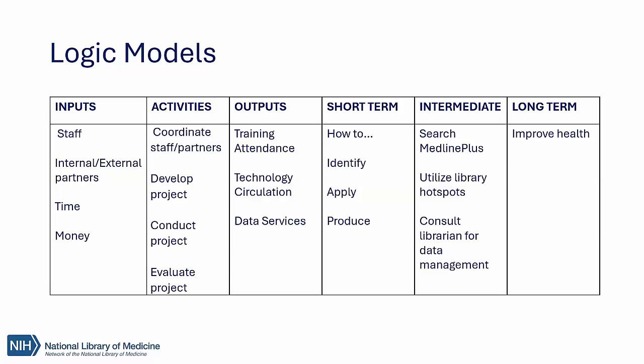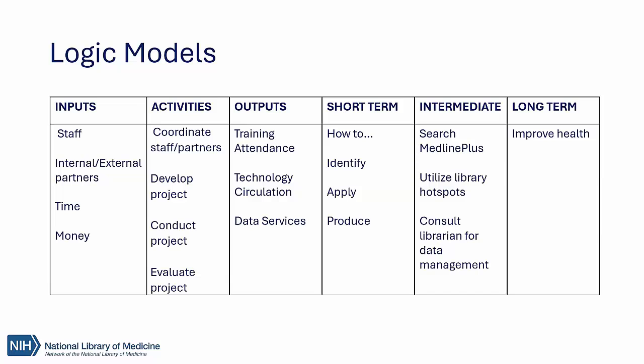So we move backwards to the next column labeled intermediate, and that column lists Search Medline Plus as a sample action to get us to improved health. So maybe you are planning on inviting community members or your staff to participate in training on accessing reputable health information from the National Library of Medicine.